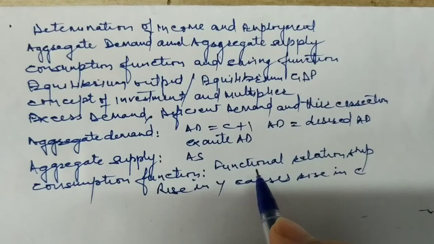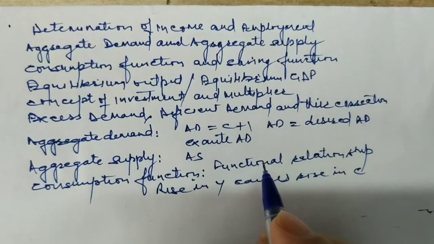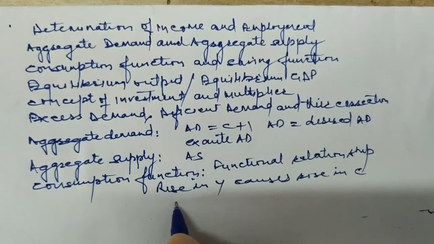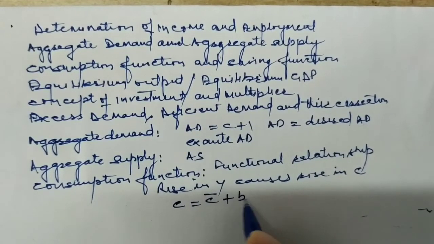However, there is a minimum level of consumption irrespective of the level of income. Therefore, consumption is equal to C bar plus bY.